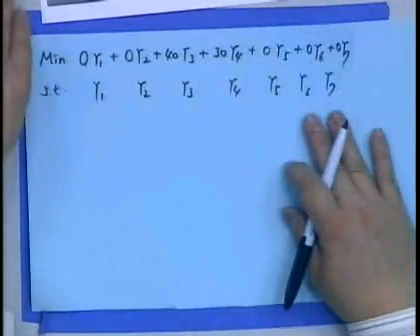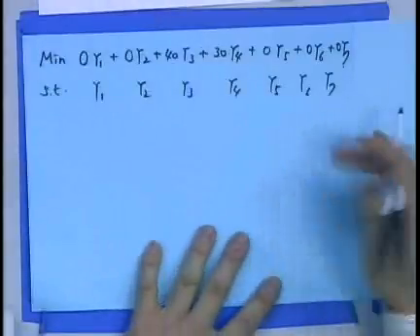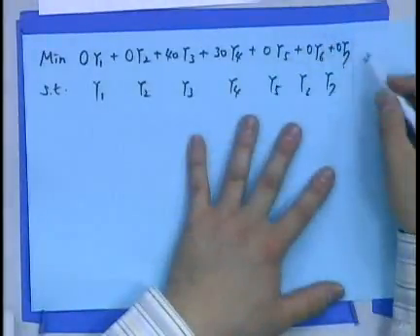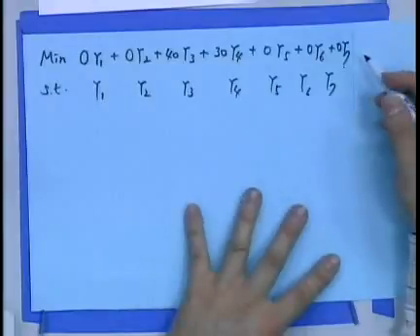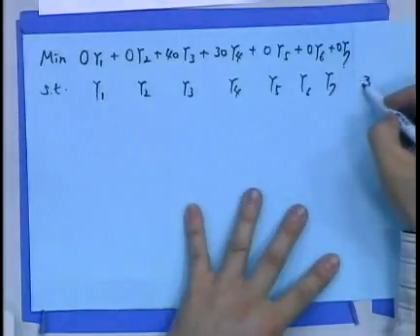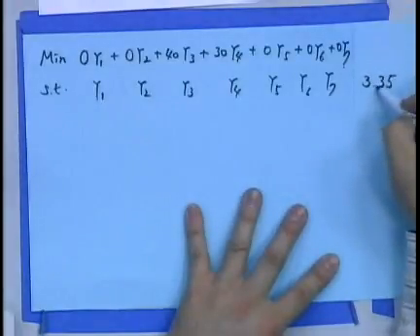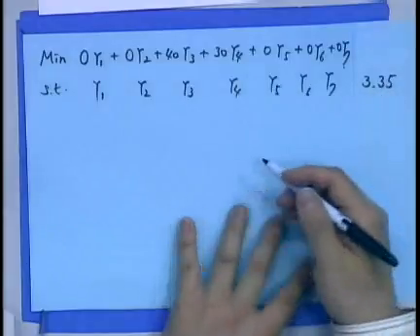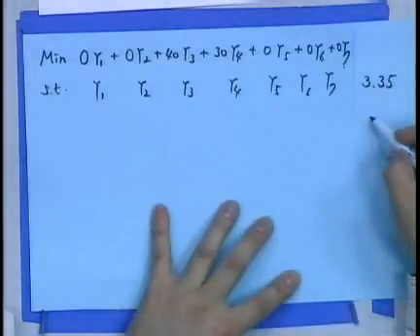And the primal objective coefficients serve as the right-hand side values in the dual problem. So the first right-hand side value becomes 3.35.